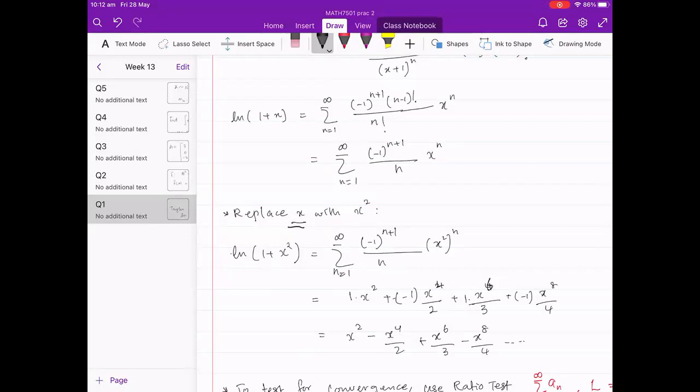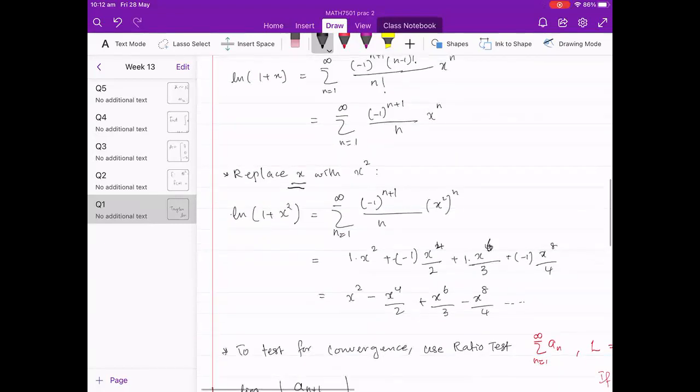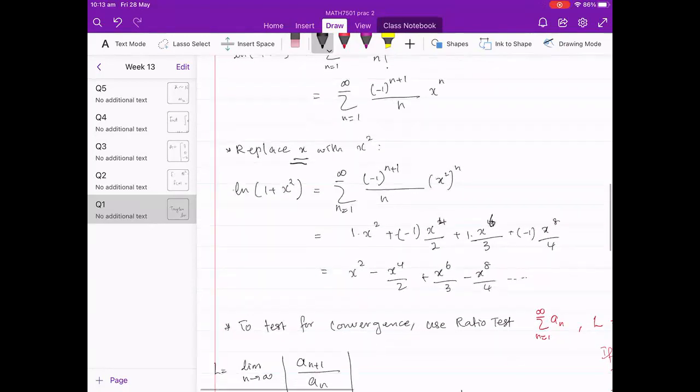So instead of x, put x squared, and then expanding this, we get x squared minus x to the power 4 over 2 plus x to the power 6 over 3 minus x to the power 8 over 4, which is what I got from Mathematica as well. All right, any question for that part?